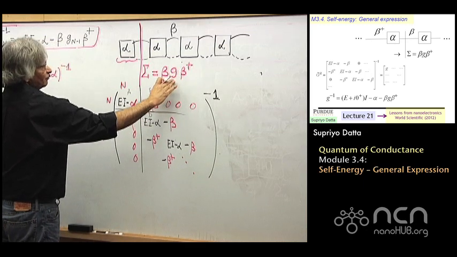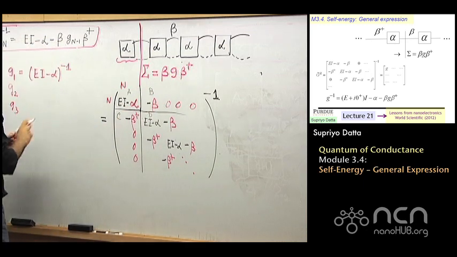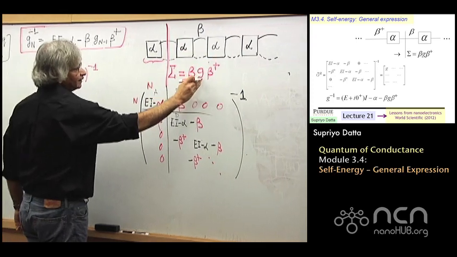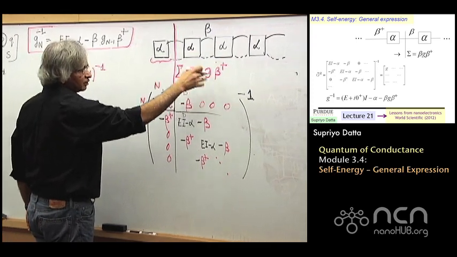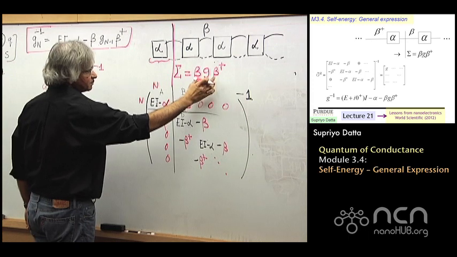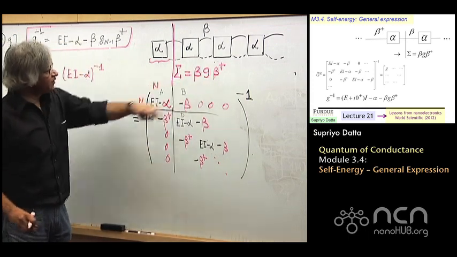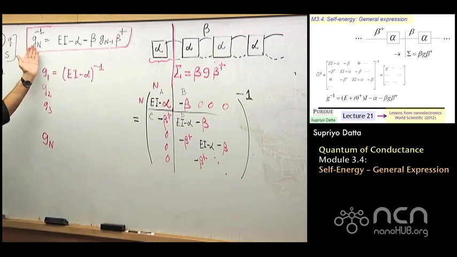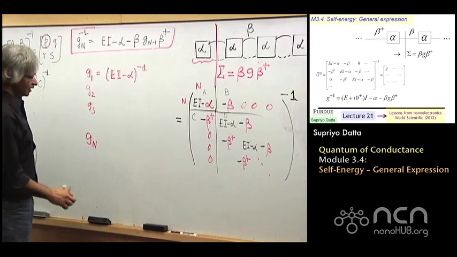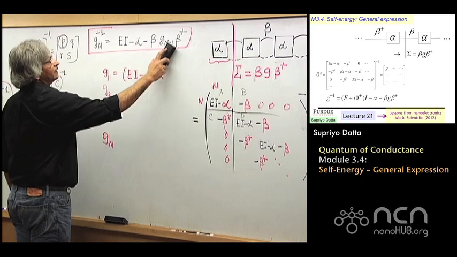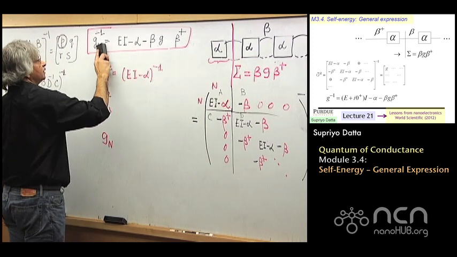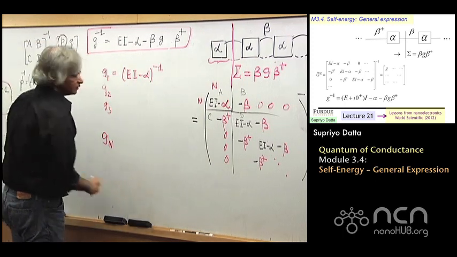And of course Gn, but the idea is that this wire is so long that it doesn't matter whether you take G1000 or G2000, they're all the same. So it's basically beta G beta dagger. That's it. And how do I find the G? Well, I find the G by iterating that equation. In other words, finding a solution such that the G that goes in there will give you the correct answer overall.